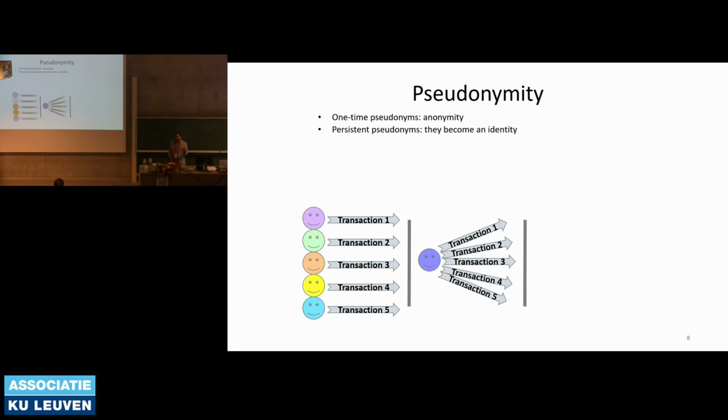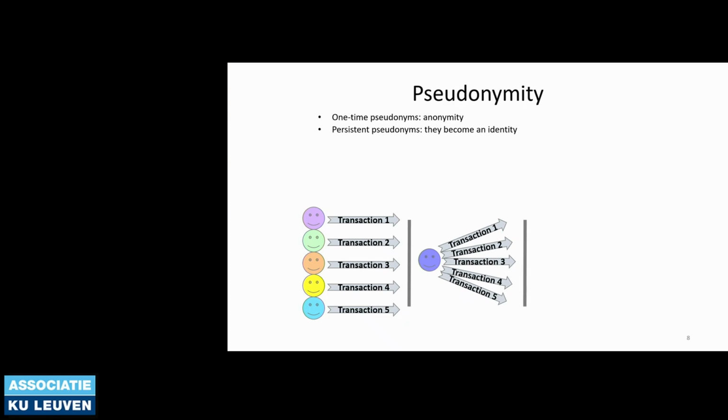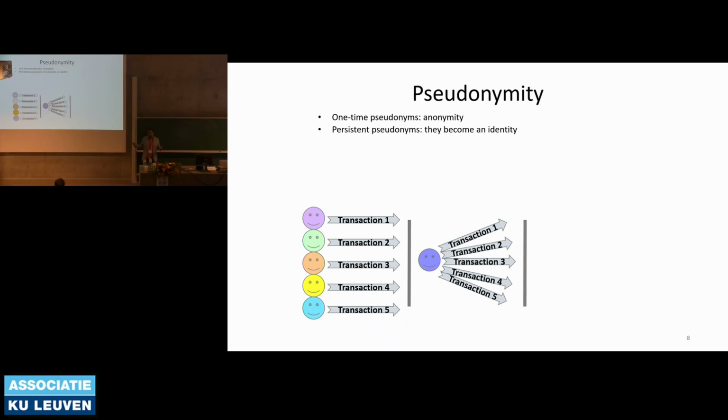For example, Skype is pseudonymous. Skype is not anonymous. When Bitcoin first came, people claimed that Bitcoin achieves anonymity. Then people showed, come on, guys, all the transactions that you make on Bitcoin, you can track them, and you can point out that all these transactions are made from the same entity. And that means you can assign an identity to that. You can profile them.